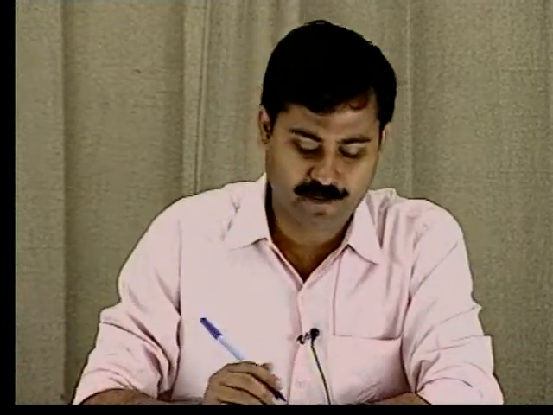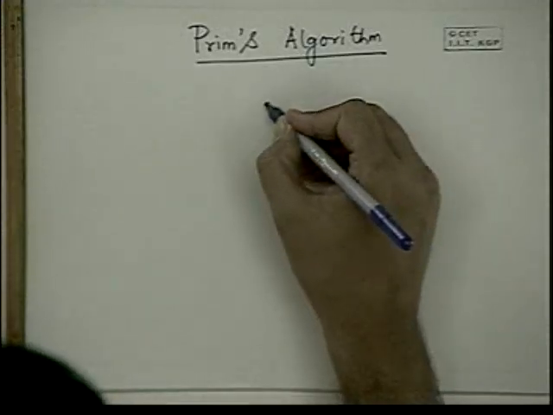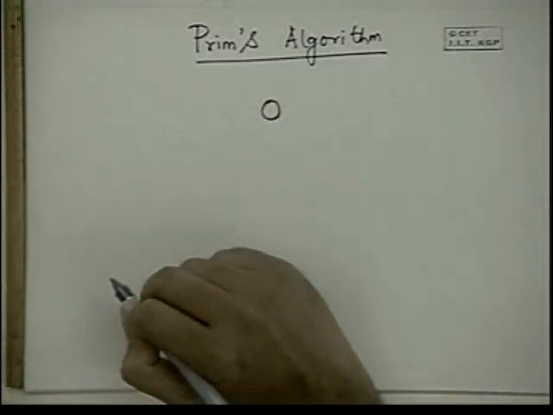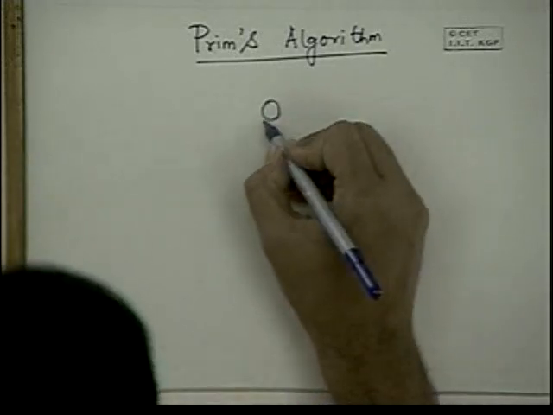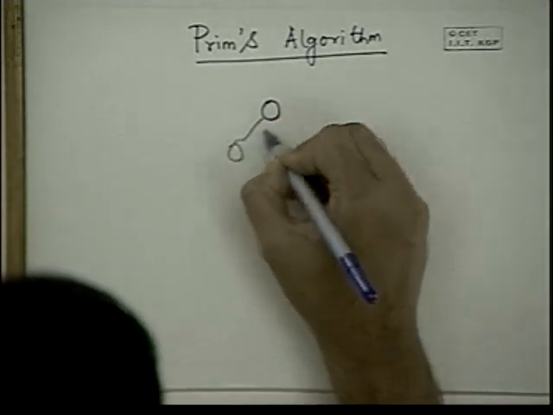So today we will go over one algorithm, which is called Prim's algorithm, and we will see how this algorithm abides by that general principle. Let me first tell you the general method for Prim's algorithm. It starts with a single node. Then it goes on building the minimum spanning tree.